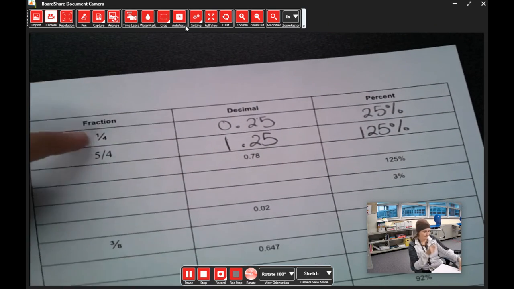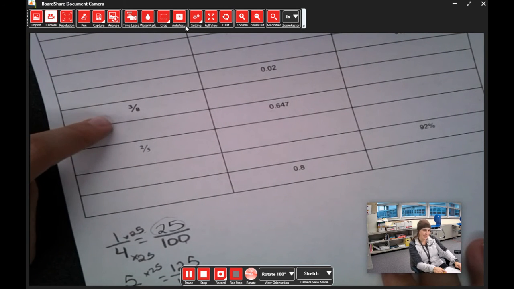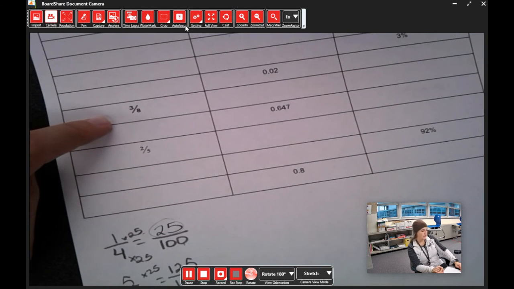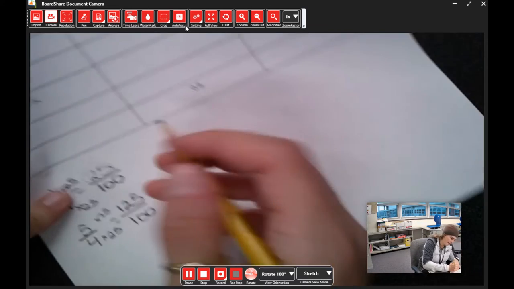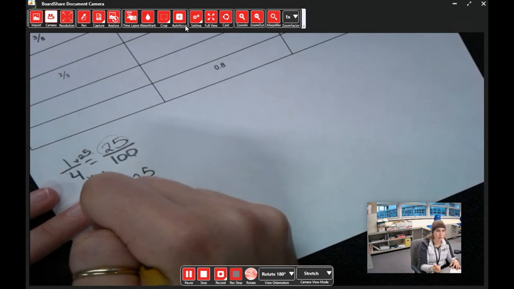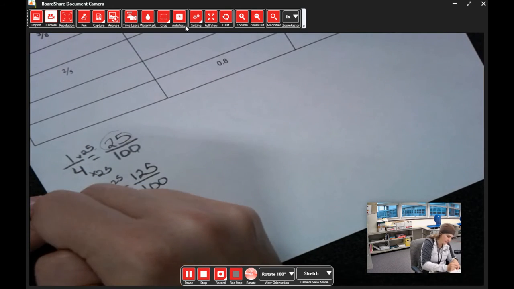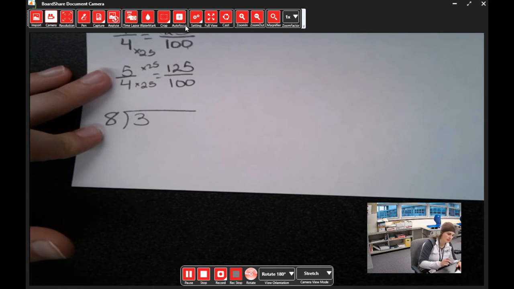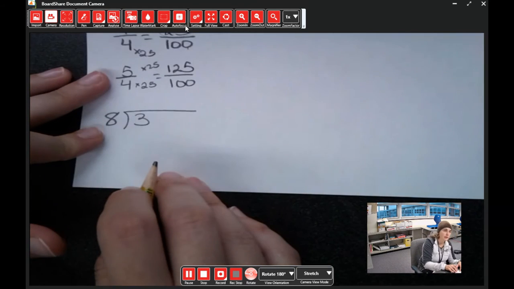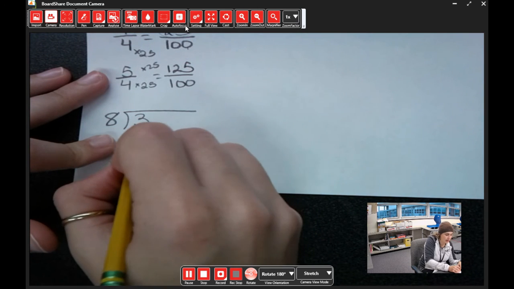I'm going to skip ahead to this guy here, 3/8. 8 does not go into 100. I'm going to have to divide. 3, the numerator, goes inside, divided by 8. 8 goes into 3? It doesn't.